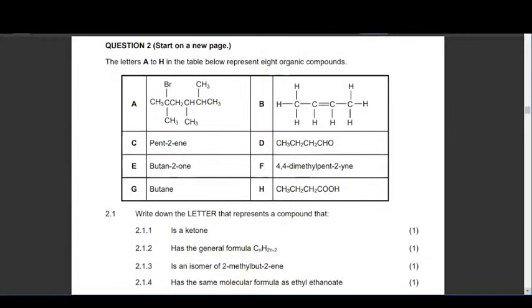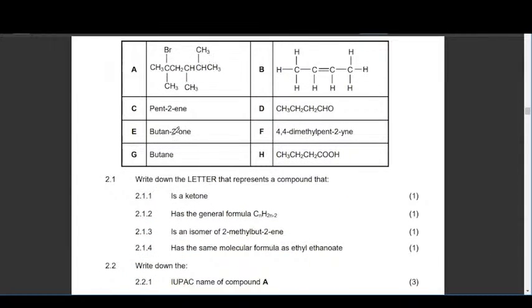Before you start, you need to know how to classify all of them. For the purpose of time, we might not classify them now. Let's go to the question straight. 2.1, which one is a ketone? If you had classified them, you'd have known them very fast.